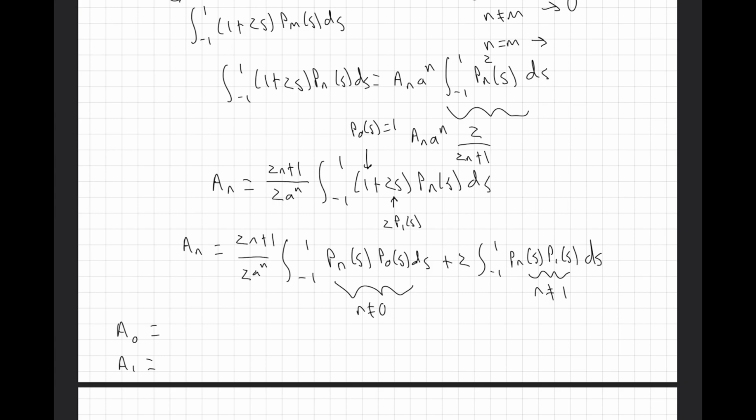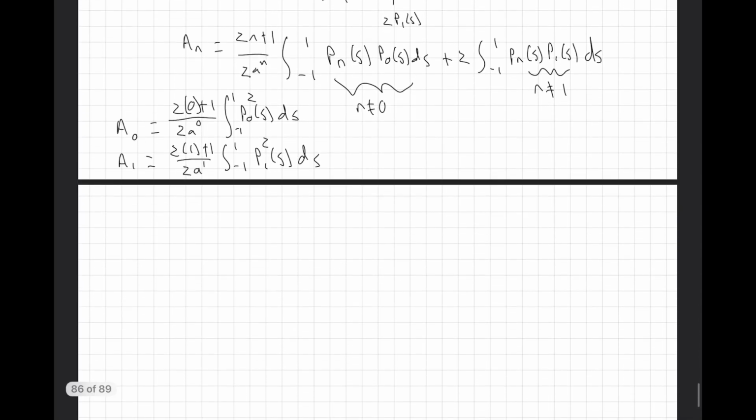So we get (2 times 0 plus 1) over 2 times a to the 0, times the integral of p sub 0 of s ds squared. And over here, we get (2 times 1 plus 1) over 2 times a to the 1, multiplied by the integral of p sub 1 of s squared ds.